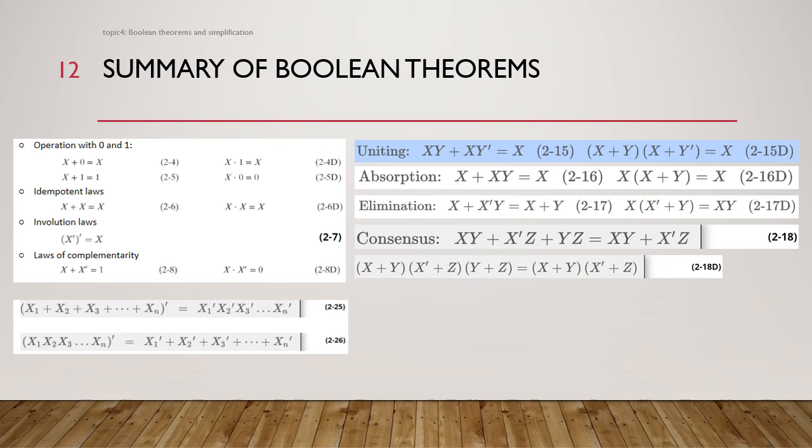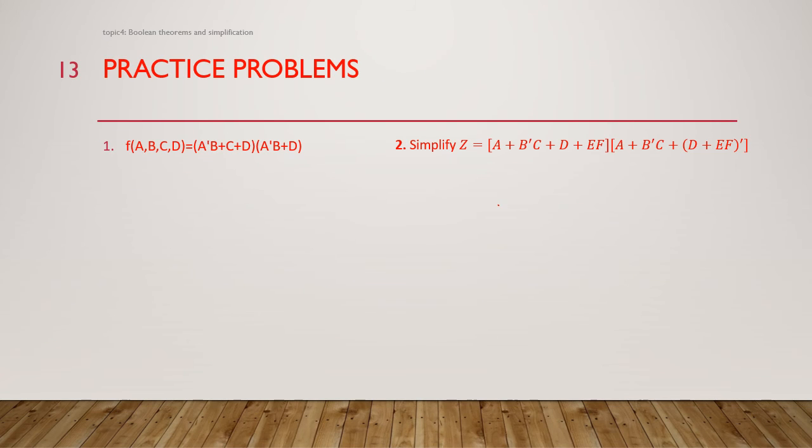Okay, so on this page, I put all the theorems and laws we have learned here as a summary, and we will have a final practice problem to see how to use them. Before we go ahead and do the simplification, I want to clarify the reason why we need to simplify the Boolean expressions.